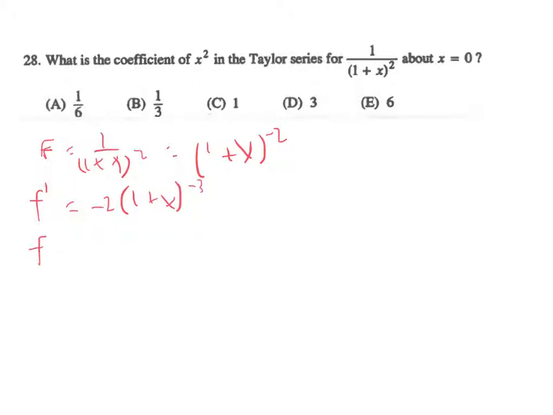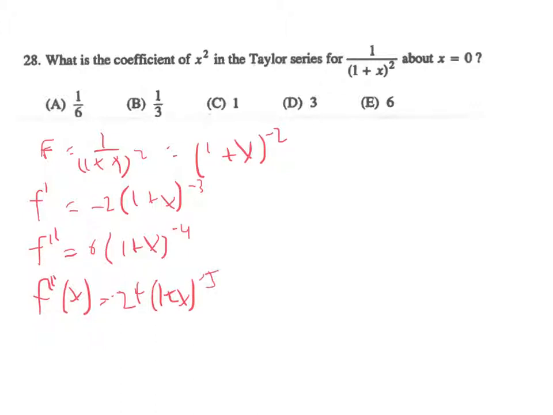F double prime is going to be 6 times 1 plus x to the negative 4. F triple prime is going to be negative 24 times 1 plus x to the negative 5.